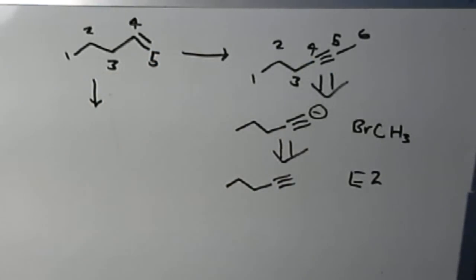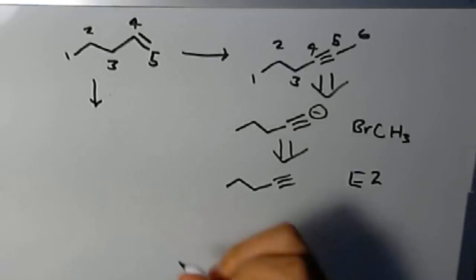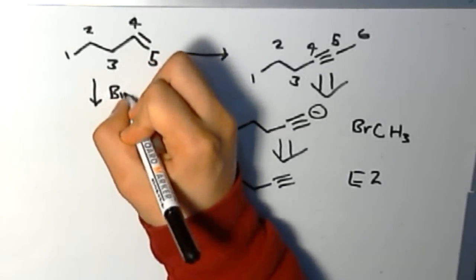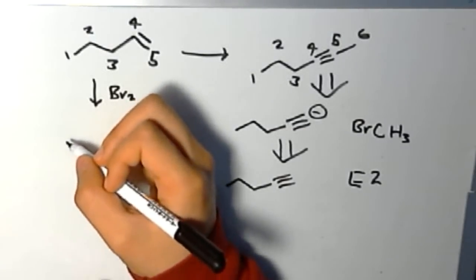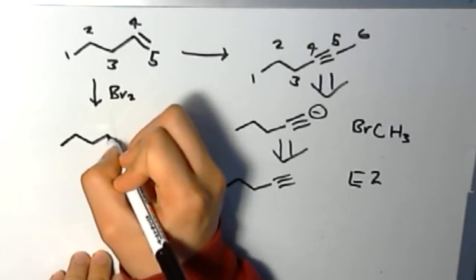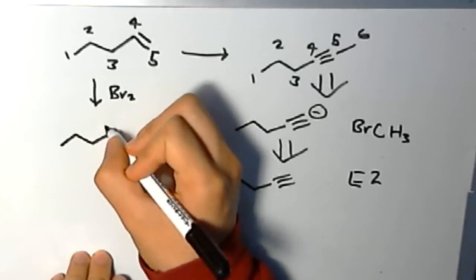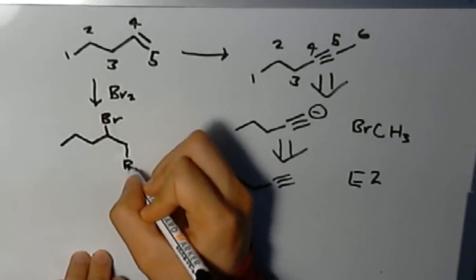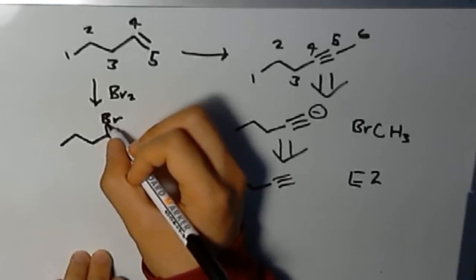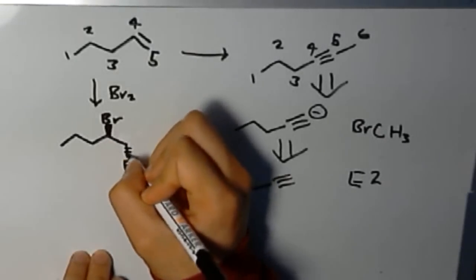Well, we know halogens are good leaving groups, right? So all I have to do is add Br2, and that's going to add me 2 leaving groups to this alkene to give me an alkane. Now I'm going to have a Br and a Br. So the stereochemistry is going to be opposite.